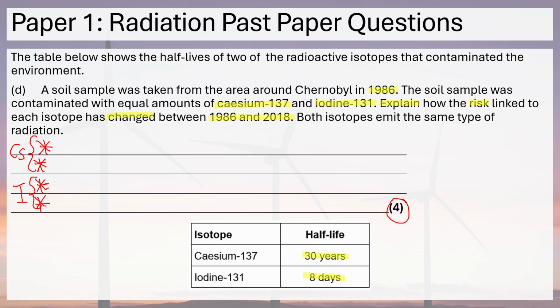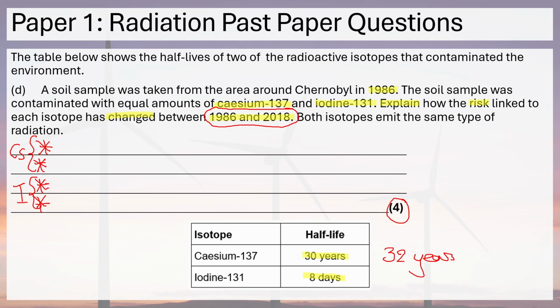I now just want to home in on this bit here. We can see that that is 32 years have passed. And if I write that down here, we can clearly see that cesium has had about 1 half-life pass, where for iodine it's many, many, many half-lives. So the first bullet point of each of these, I'm going to comment on how the half-life compares to the amount of time that's passed.